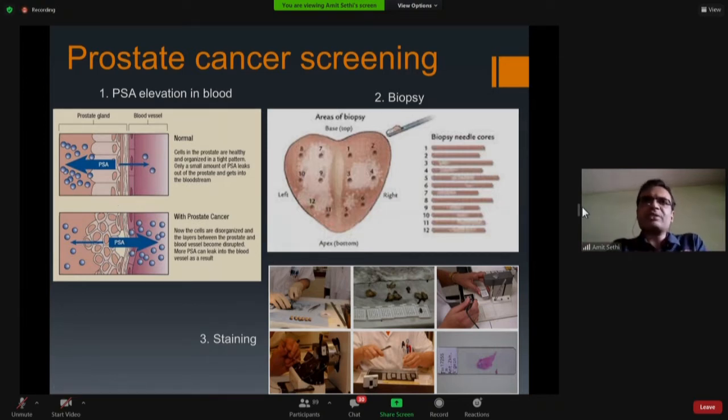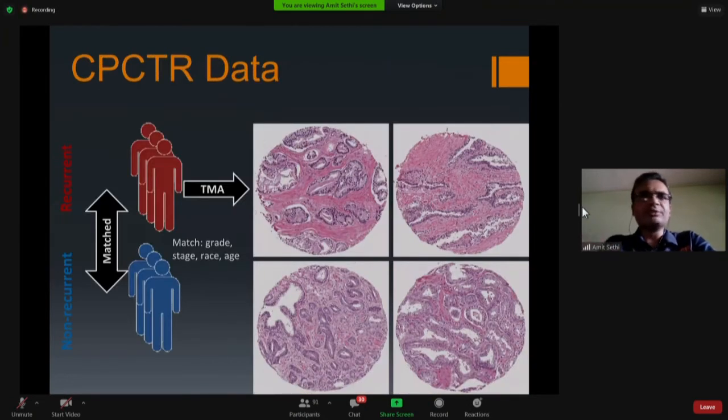And when that happens, the cells secrete something called prostate specific antigen in the bloodstream. And if that is found to be elevated in a test, then a biopsy is done where a needle is stuck into the prostate, some tissue is taken out, and slides are prepared, and those slides are examined under a microscope.